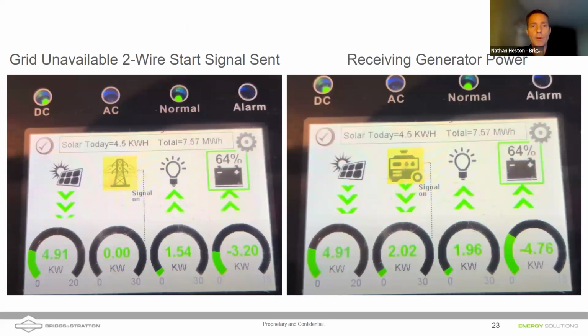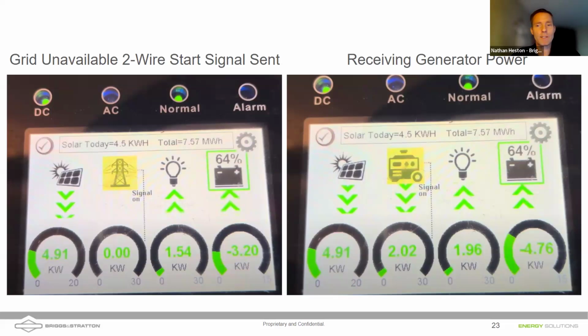And so if the batteries are below 40%, now unfortunately on the screen you see the batteries at 64%. I did have to set my percentages high just to get a picture that we could take here. I'll have to redo these pictures, but if the batteries are below that percentage, the signal will come on and you see that dashed line running from the grid icon down.